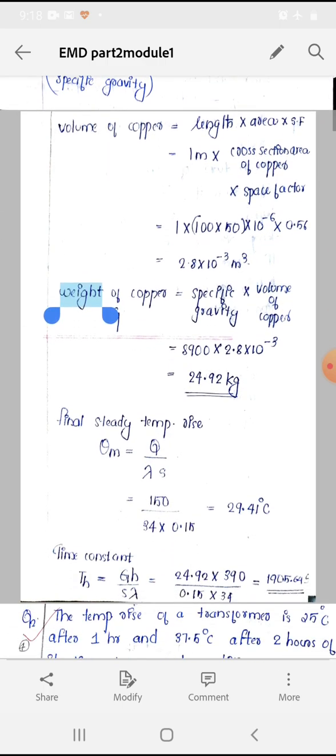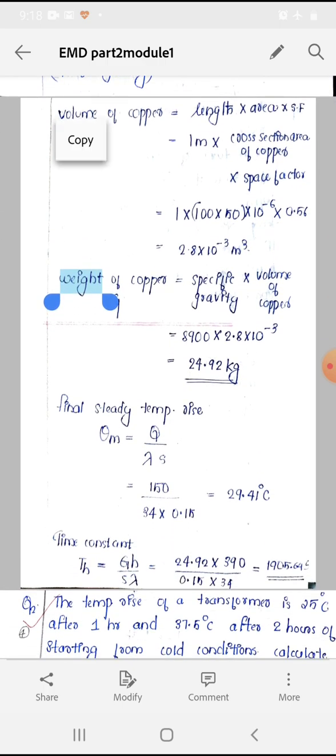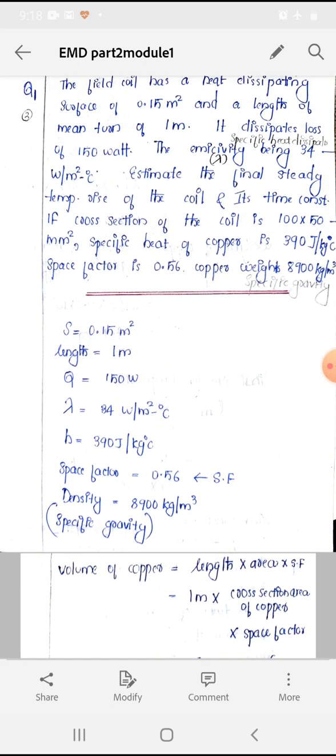When we substitute all these terms, we get the time constant Th as 1905.64 seconds. So this is a basic and simple question to find the final steady temperature rise of the coil as well as the heating time constant.